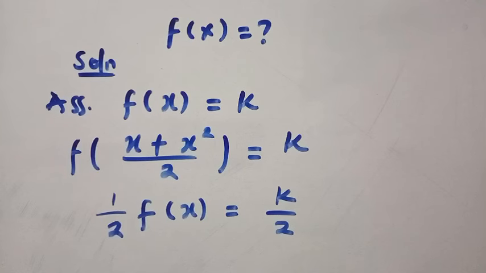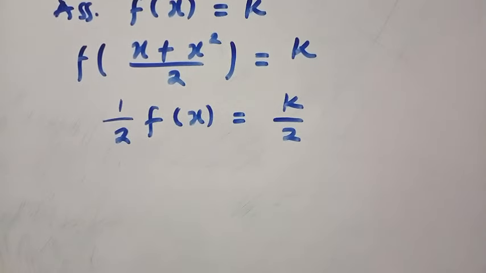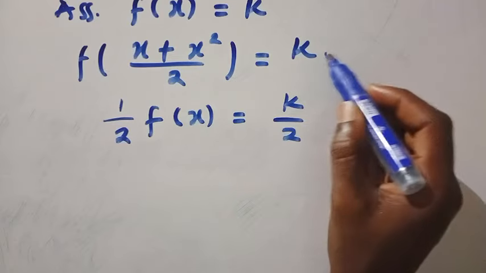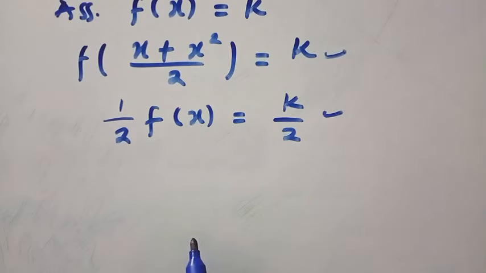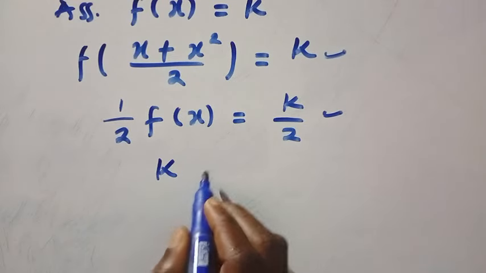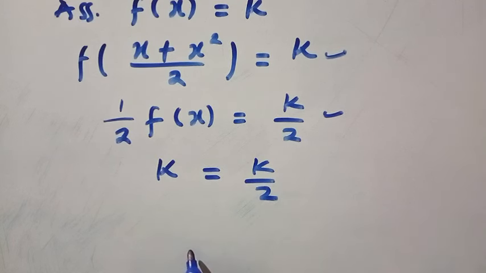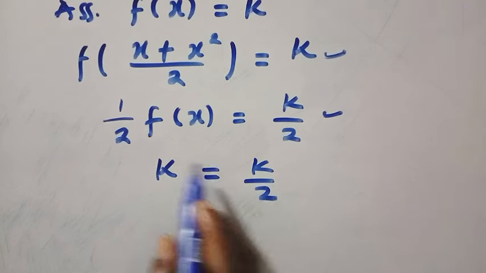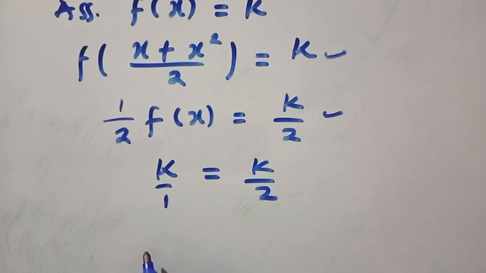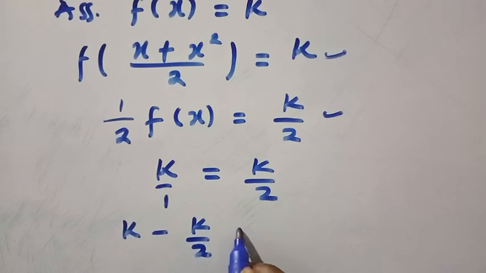After obtaining this, we are going to equate these together. By equating these two, we let k equal k over 2. As we have k equals k over 2, then k minus k over 2 equals 0.